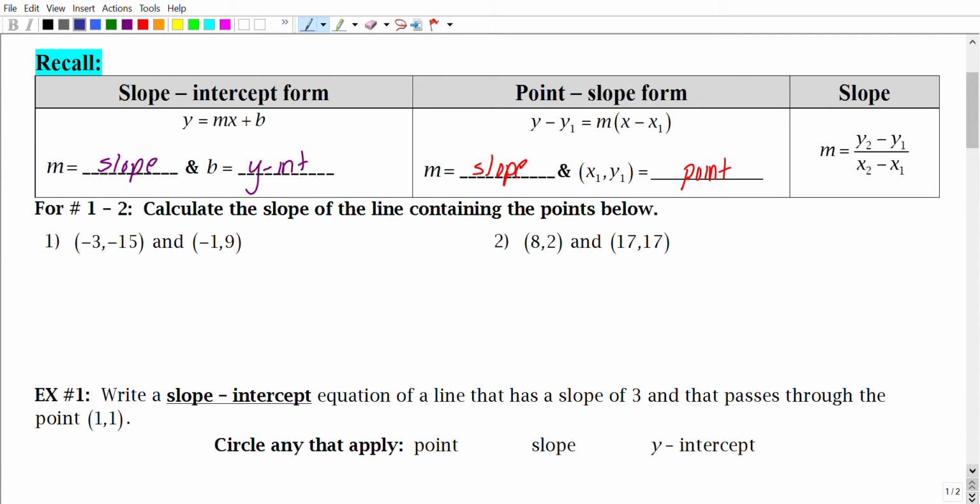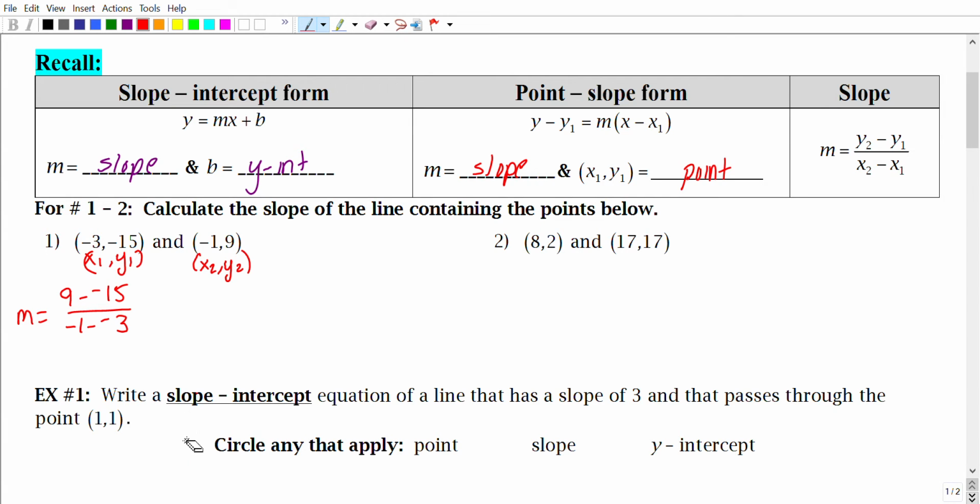So let's go ahead and practice first off how we can calculate slope. This is stuff that we've already done, so nothing different. Just like before, let's label these as x1, y1, x2, y2. Okay, and we're going to apply our formula. So y2 minus y1, in this case it's 9 minus a negative 15 over negative 1 minus a negative 3.